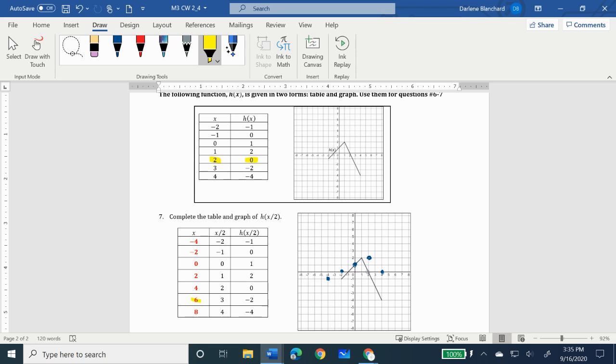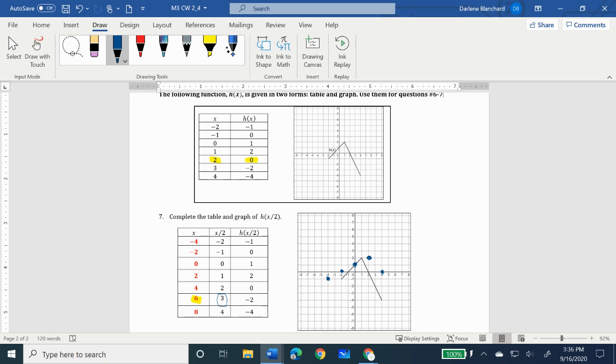Next, 6 walks over to the kingdom of h, finds out h is only accepting x over 2's today, so it has to be cut in half. Ow! But I liked being even. Why are you making me odd? I didn't want to be odd. No one wants to be odd. No, I take that back. I like being odd.